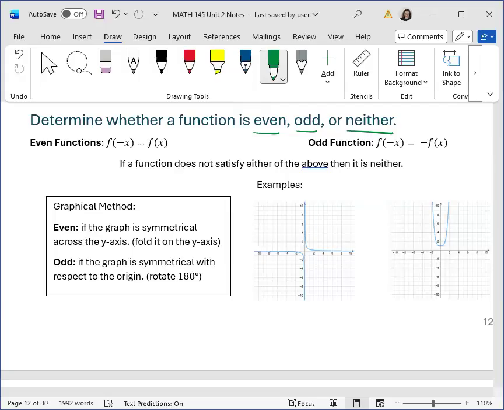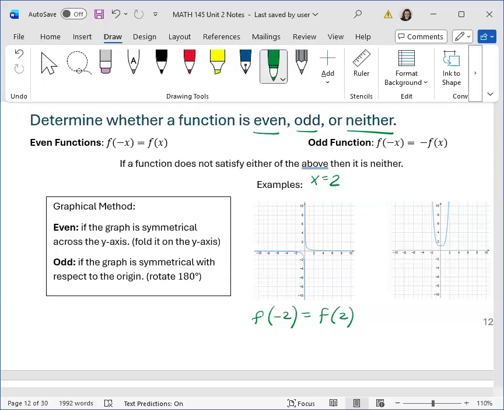Okay, so to take a look at some examples here, if I take a look at this first example of a graph, I'm going to pick an x value. So let's say x equals 2. So if I look at the even definition, that would say f of negative 2 has to be equal to f of 2. So remember, the number inside parentheses is an x value.